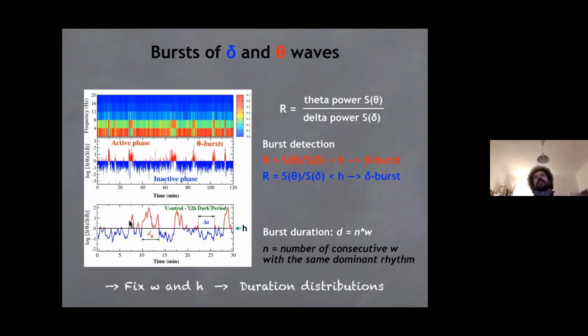We consider active states those periods where the ratio is larger than a threshold H. Conversely, we say that we are in a quiet state when this ratio is smaller than the threshold H. And we simply give a duration to each of these states by taking the number of consecutive windows with the same dominant wave times W. All right, so now we fix W and H, and we are ready to look at the duration distribution.